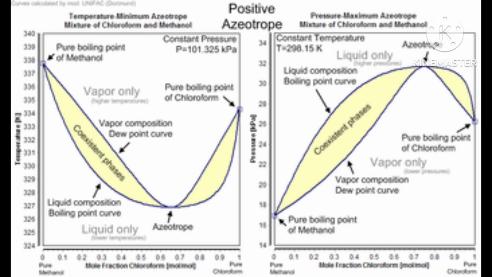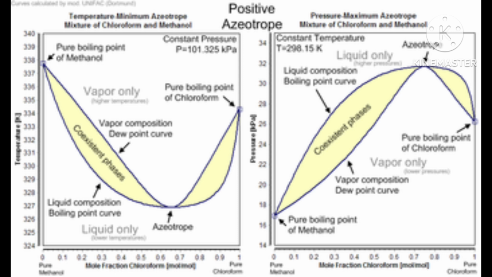Now one more thing I want to tell you. Some liquids on mixing form azeotropes. This question is asked: what are azeotropes, which are binary?